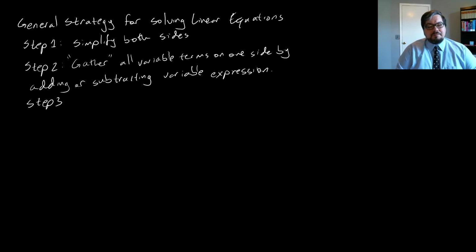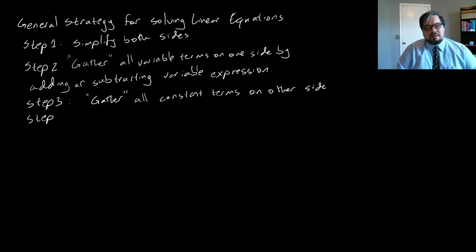Step 3, we're going to gather all constant terms on the other side, again by adding or subtracting. And then step 4, we're going to divide to get the variable by itself.